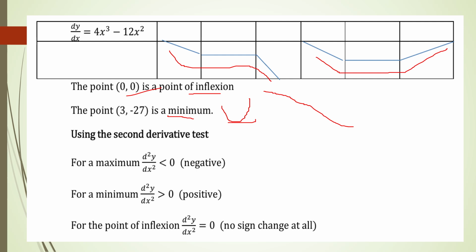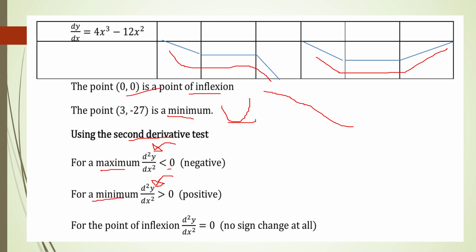Now let's also see the use of second derivatives in determining the nature of the curve. If after substituting the x value, our second derivative is less than 0, then we assume that this is a maximum point. But if we substitute for the value of x and find that our second derivative is greater than 0, or positive, then this qualifies to be a minimum point.